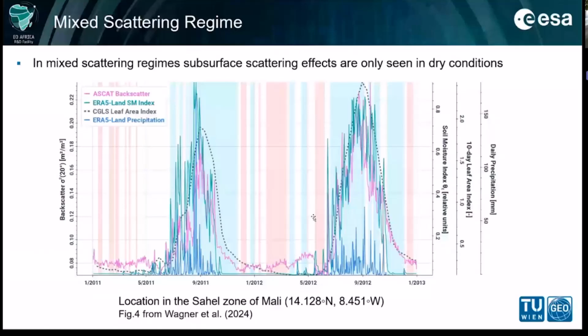A more challenging area is, for example, here in the Sahel zone in Mali, during the wet season. What you see in the graph is the blue line showing precipitation, the turquoise showing ERA5-Land modeled soil moisture data, the pink one the ASCAT backscatter data, and the gray line the vegetation index.